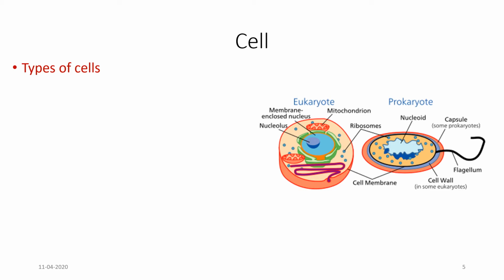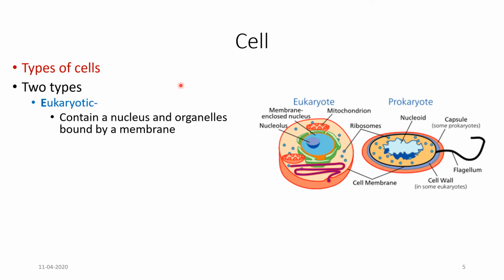What are the different types of cells? The different types of cells we will see are the eukaryotic cells and prokaryotic cells. So what are these eukaryotic and prokaryotic cells? The eukaryotic cells contain a nucleus and organelles formed by membrane. We are seeing a eukaryotic cell with a nucleus and membrane-bound organelles.